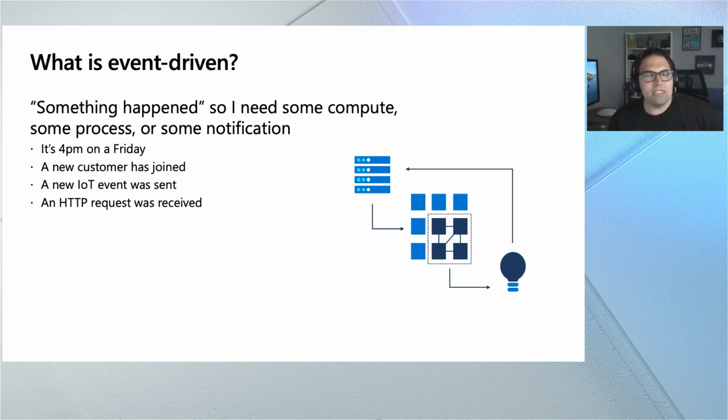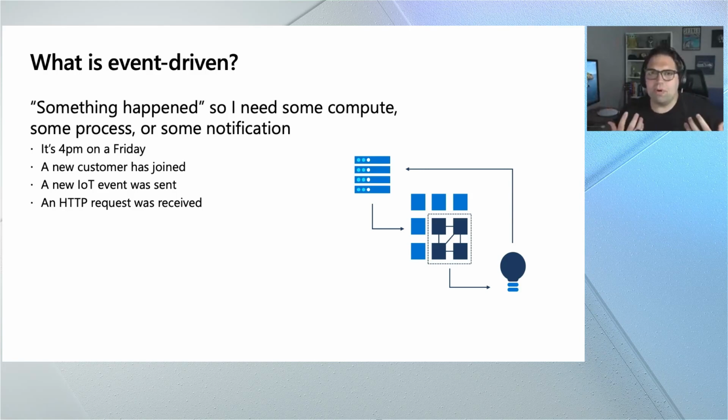An event might be, it's 4 o'clock on Friday, and so I need to go process all of the time cards for employees of that week. Or a new customer has joined. That's an event that I care about, that some systems might care about that notification. Maybe the event's coming from an IoT device. Somebody's entered a room, the temperature in this room has increased or decreased, and as a result, I want to be able to do some computation, do some thinking around what I should do because of that event.